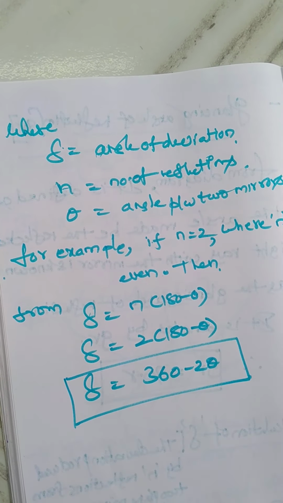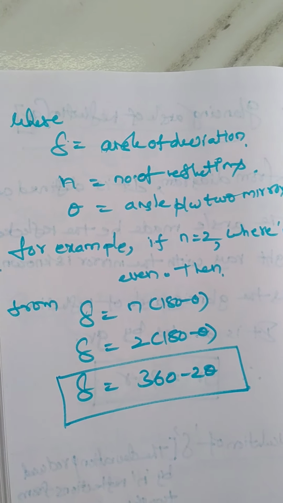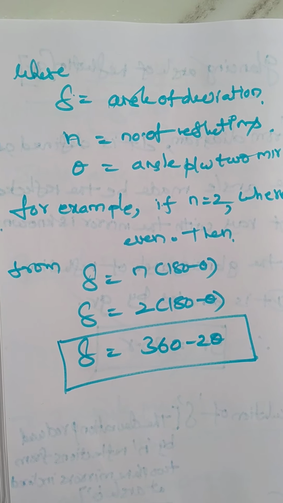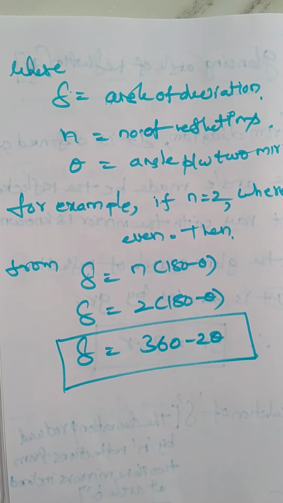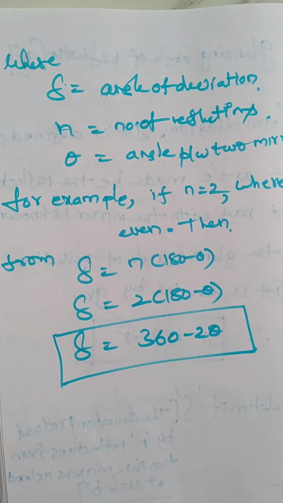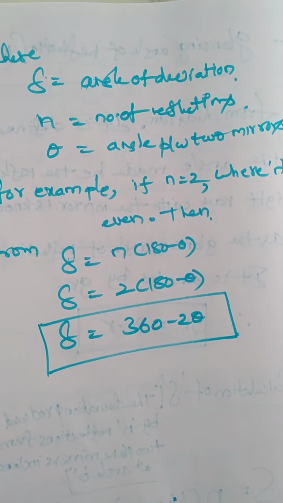Like this we can calculate it depending upon the number of reflections. This is about the angle of deviation for a single plane mirror, glancing angle of incidence, glancing angle of reflection, and calculation of angle of deviation for the deviation produced by n reflections from two plane mirrors inclined at angle theta.